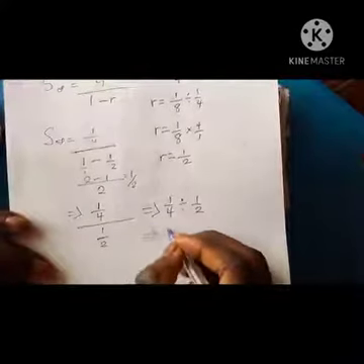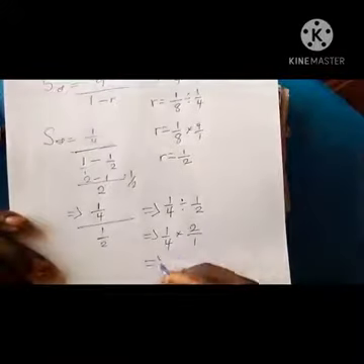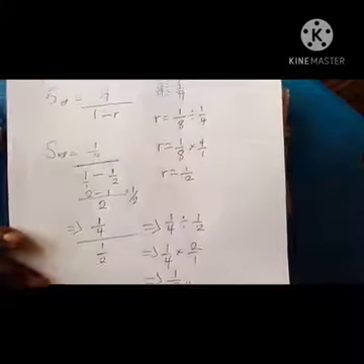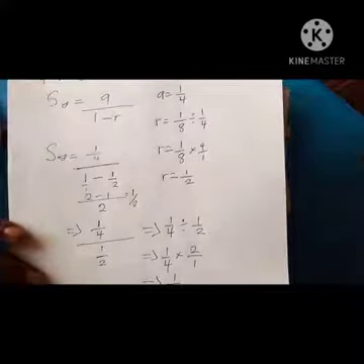This implies 1 over 4 multiplied by 2 all over 1, and this will give us 1 all over 2. Now it's very simple to deal with. When you continue practicing this, it will be very simple for you to do it.